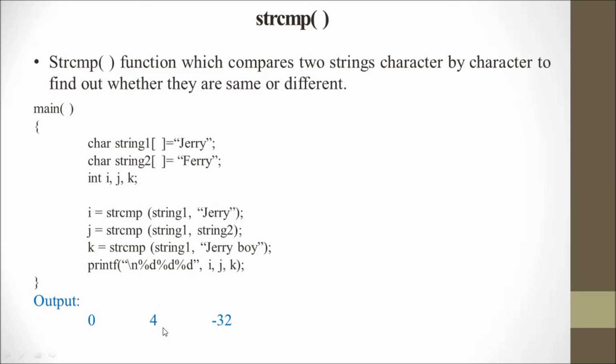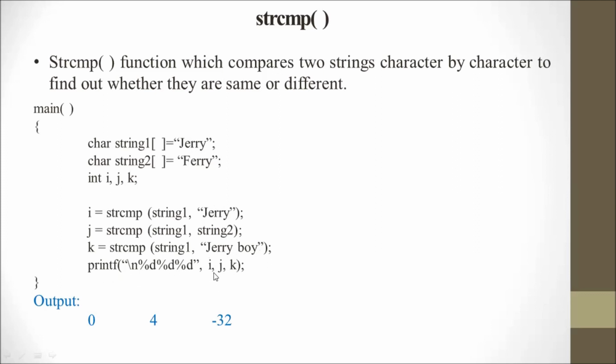In the third, string 1, Jerry is compared to Jerry boy. Jerry is the same, but in the boy part there is a difference, so this will print the ASCII value, which is 32.